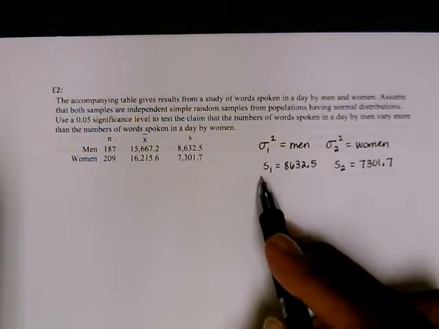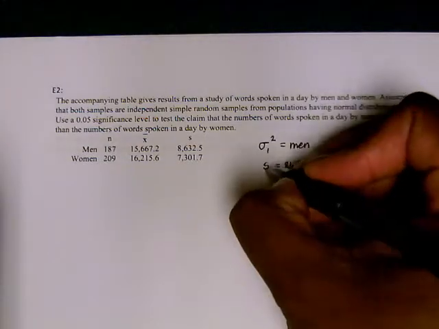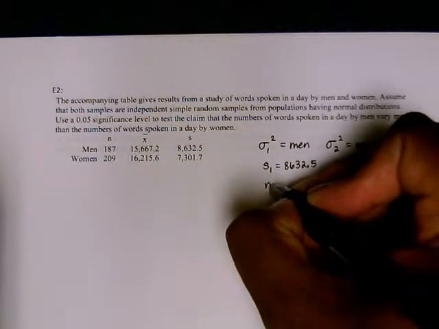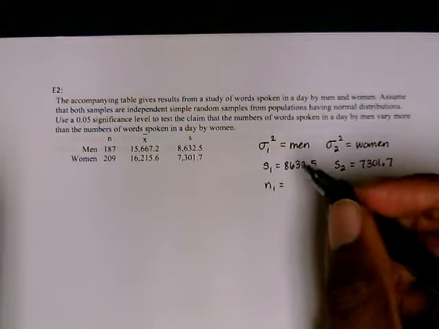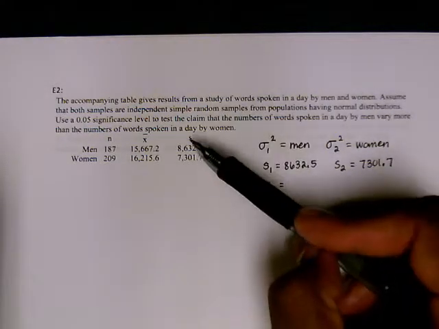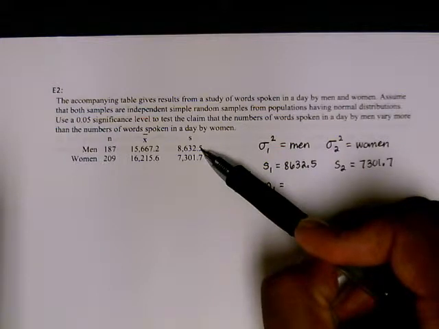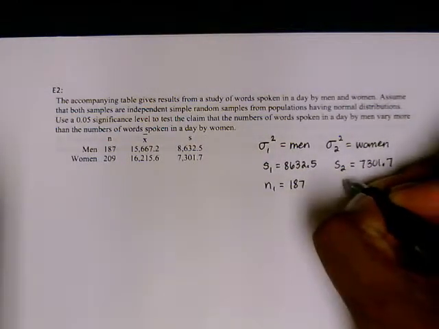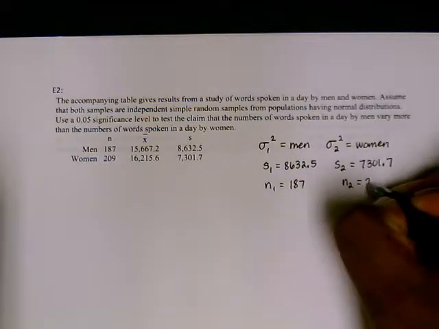The S1 is going to be the larger of the two standard deviations. And then N1 will be the sample size that contains the larger of the two standard deviations. That's 187. N2 is 209.